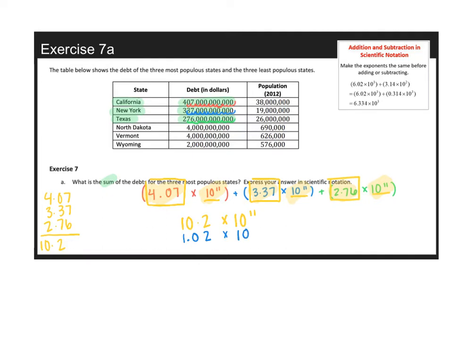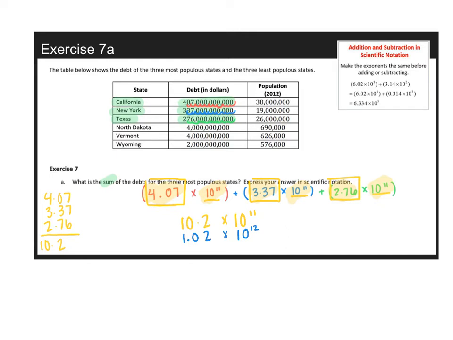Okay? So I made my number one place value smaller. That means I need to make my exponent one place value bigger. You just do the opposite. And so this would be my final answer. The sum of these three most populous states is 1.02 times 10 to the 12th power.